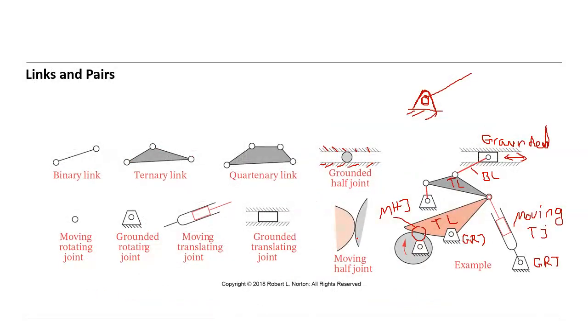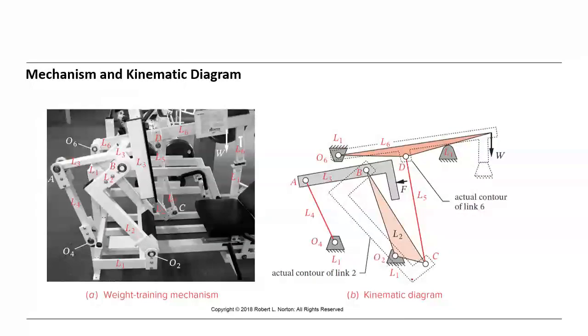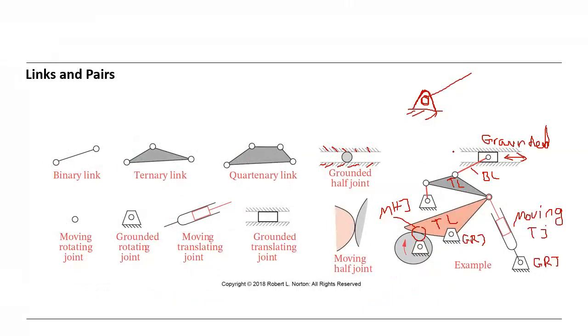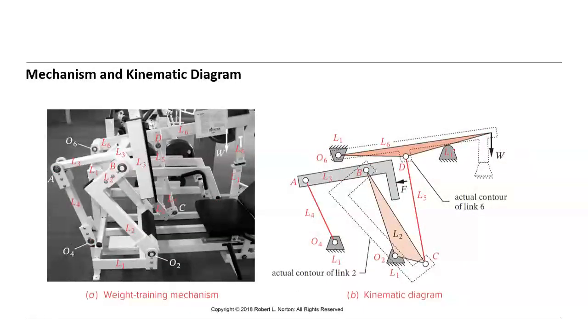So grounded rotating joint, grounded rotating, grounded rotating. And here we have a moving half joint and so on. As you see, we use the mechanism in many applications. And this is a ternary link, and this is a binary link, and so on.